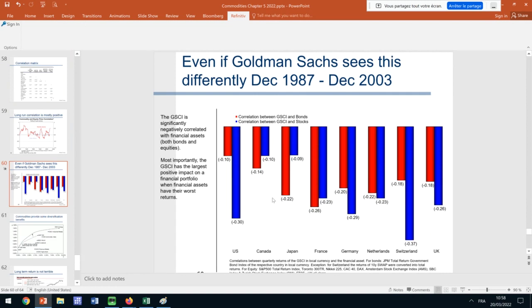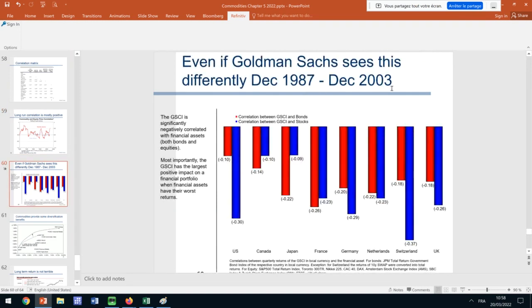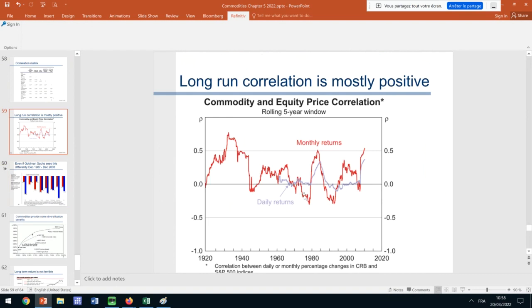For most countries here, you have negative correlations, except if you look at the more long-term picture. Remember this is 1987 to 2003. Over that period the correlation is indeed pretty negative. This is the commodity and equity price correlation.